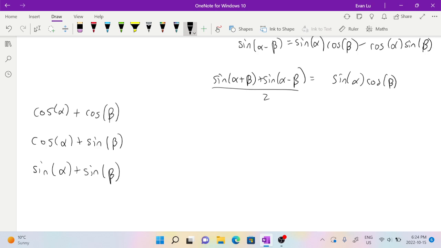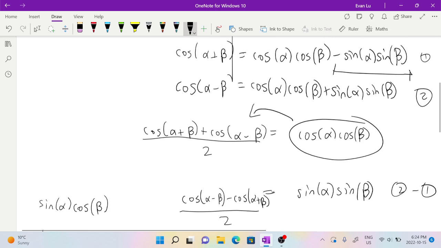So one thing we may have noticed is that to effectively cancel out, we kind of need a cos with a cos. So what I mean is, for example, in the first one, when we were finding the product into the sums, we had to do the cos of alpha plus beta and the cos of alpha minus beta, and somehow combine these two formulas to get what we want.